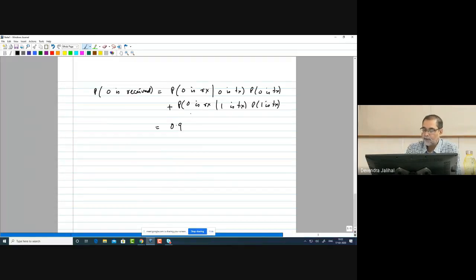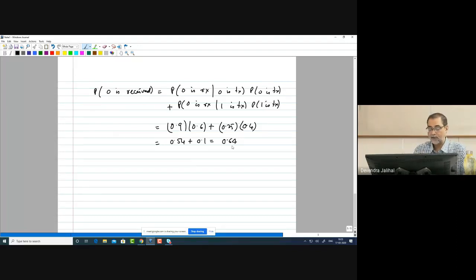So this is 0.9, and the probability that 0 is transmitted is 0.6. The probability that 0 is received when 1 is transmitted is 0.25, and the probability that 1 is transmitted is 0.4. This is our assumption. So 9 times 6 is 54, so 0.54, and 25 times 4 is 0.1, and so this is 0.64.